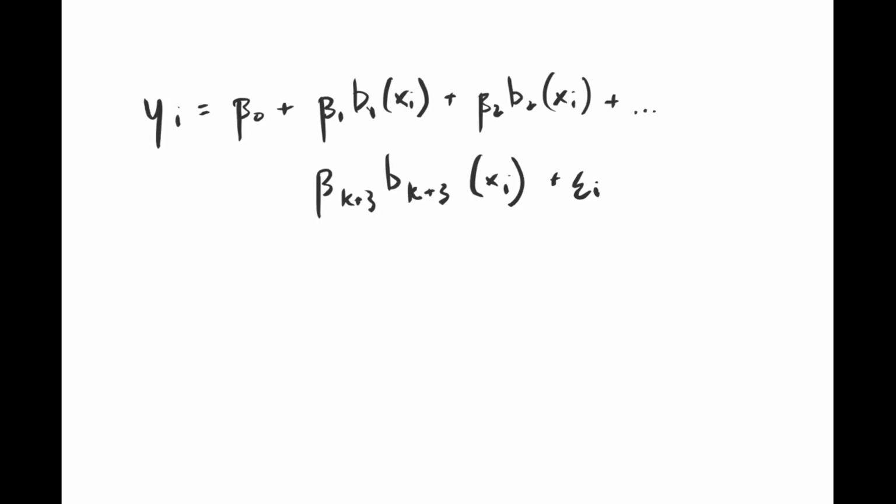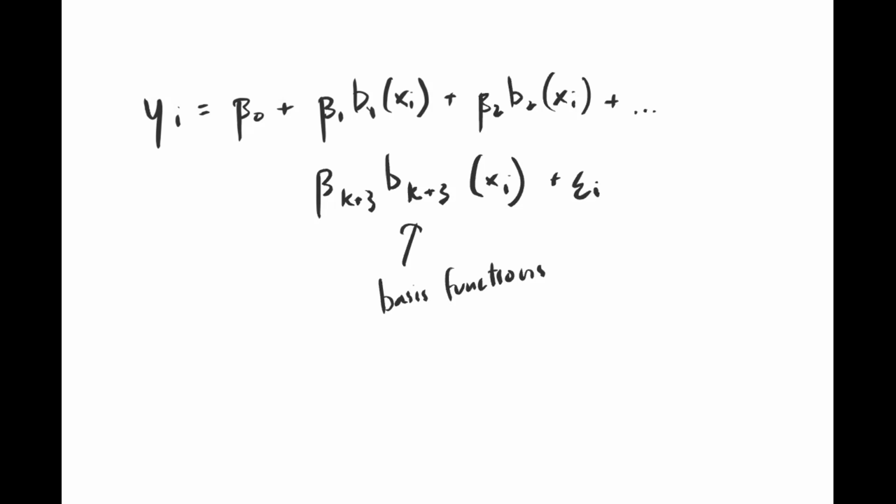These are known as sorts of basis functions. It is some functional transformation of your x variable that allows for this to happen. And so we're not going into detail about exactly what goes on in the basis functions.